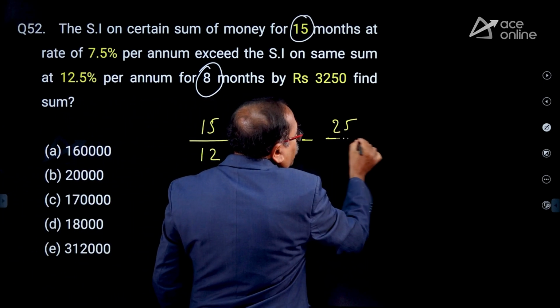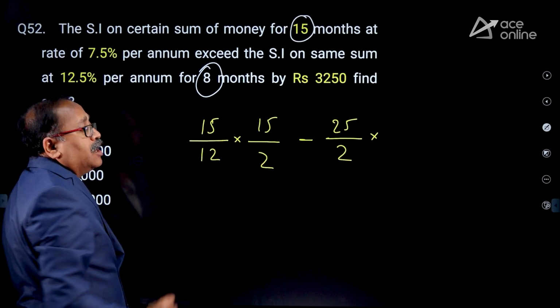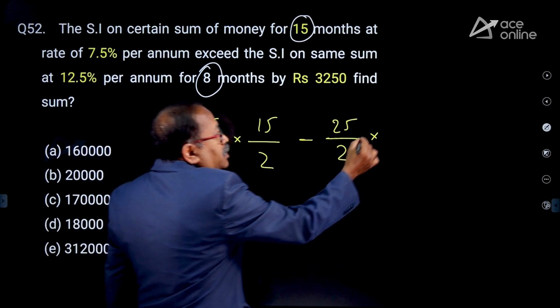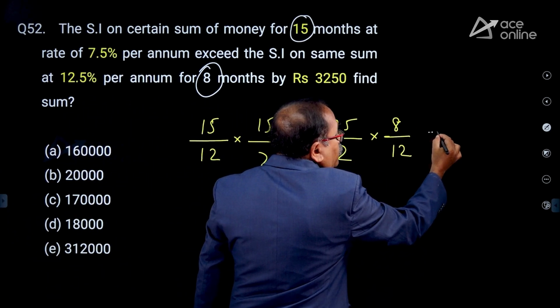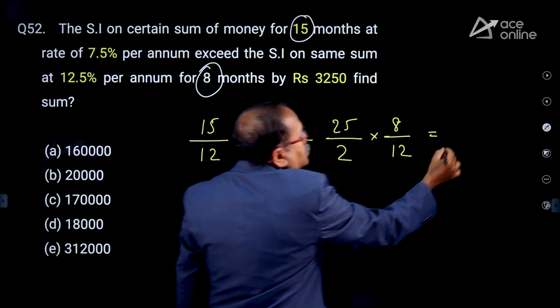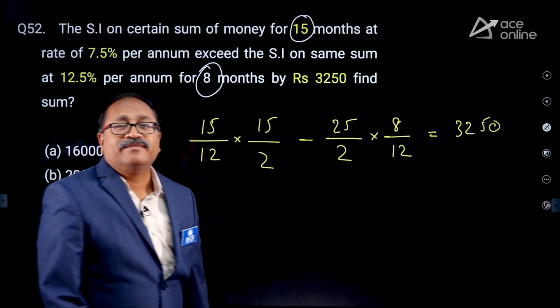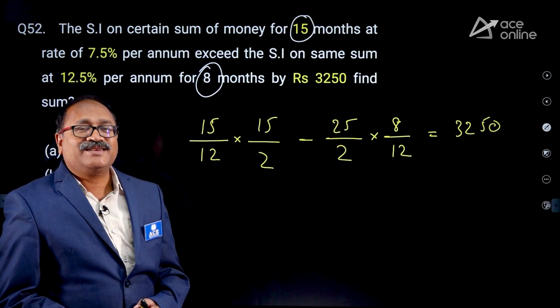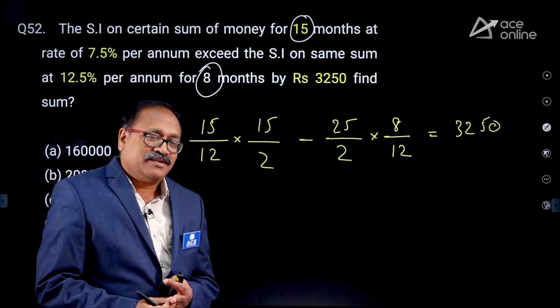So 25 by 2 and into, for how many months? 8 months. So it can be written as, convert this into year, so 8 by 12, and which is equal to, the difference is 3250. Once we understand this part, how to arrange this, your answer is ready here.